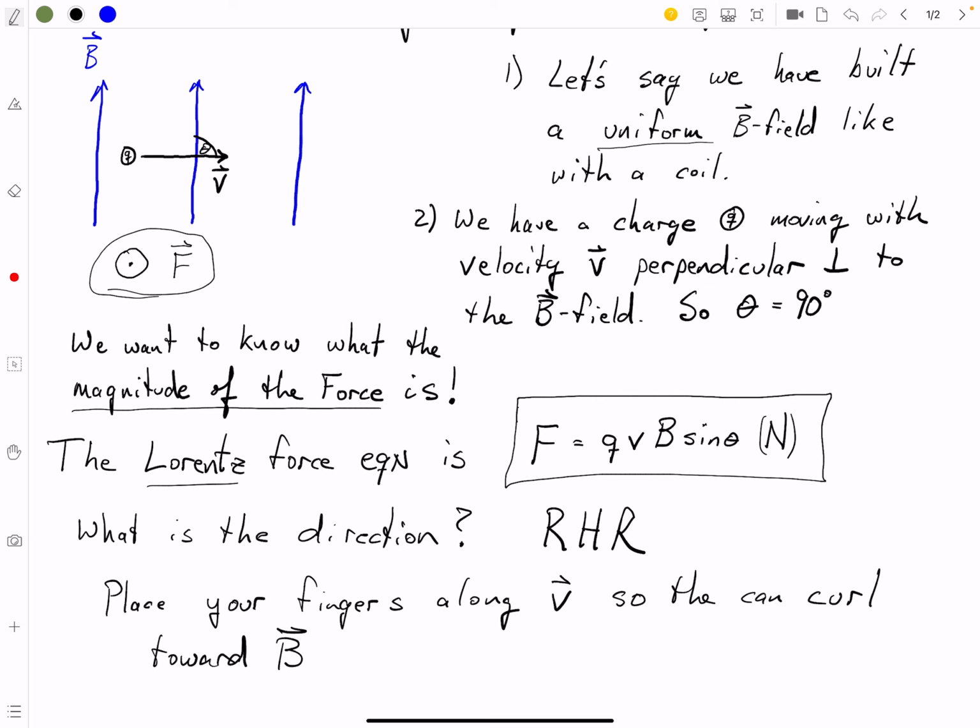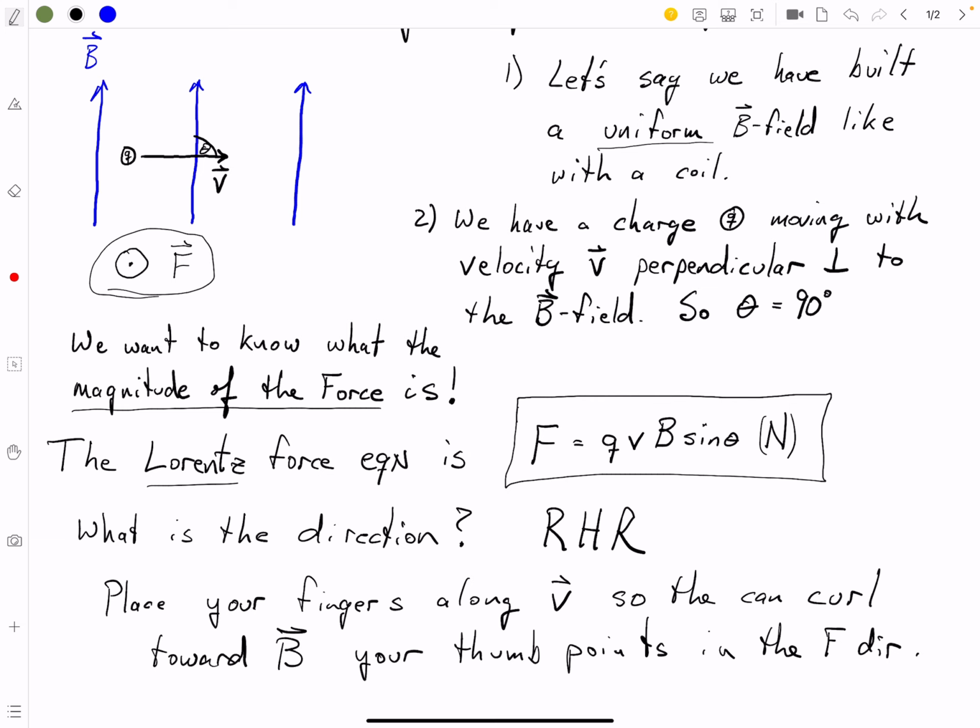At that point, your thumb points in the direction of F. So, place your fingers along V, curl them toward B, and then your thumb points in the F direction.